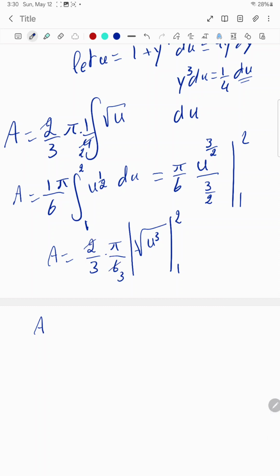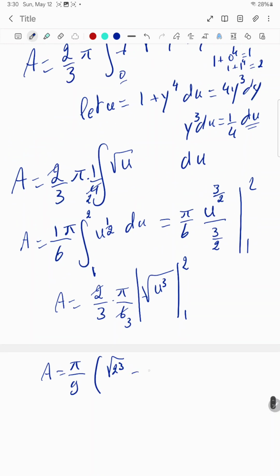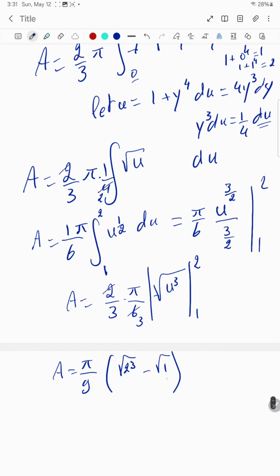This and this become 3 here, and then pi divided by 9, square root of 2 to the power of 3 minus square root of 1 to the power of 3, which is 1. So it is equal to pi over 9 times 2 square root of 2 minus 1. And if you do the calculation here, it becomes equal to 0.64 u square.